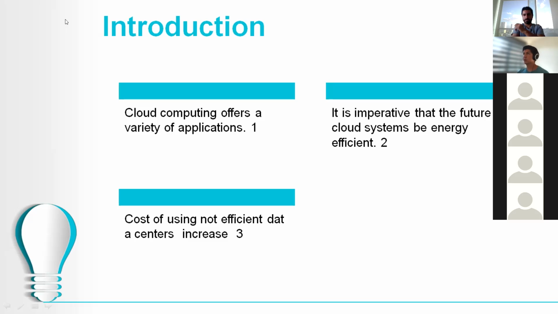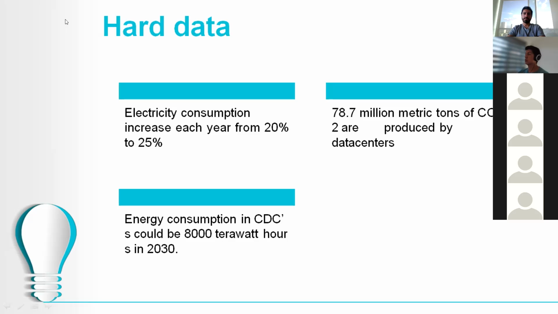We already know about this, but I prefer to explain what a cloud data center is. It's basically a place where information is stored in a distributed way, and it could be a physical server in their own company, or a company can hire a service from a third-party supplier. Now, let's check some hard data.